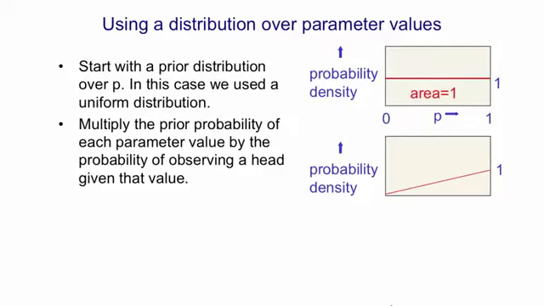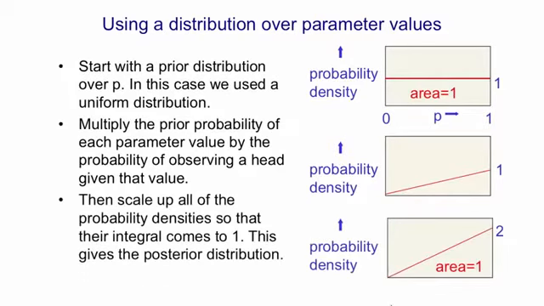And of course, for a probability distribution, the probabilities of all the alternative events have to add to 1. So the last thing we do is we renormalize it. We scale everything up so the area under the curve is 1. And now if we started with a uniform prior distribution over p, we end up with this triangular posterior distribution over p, having observed one head.